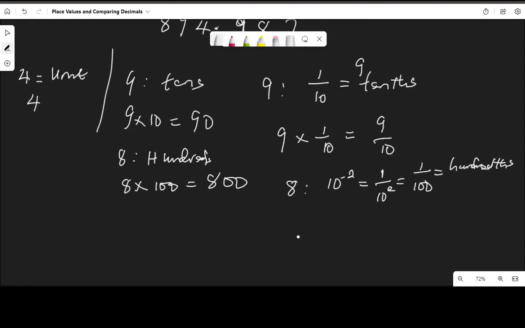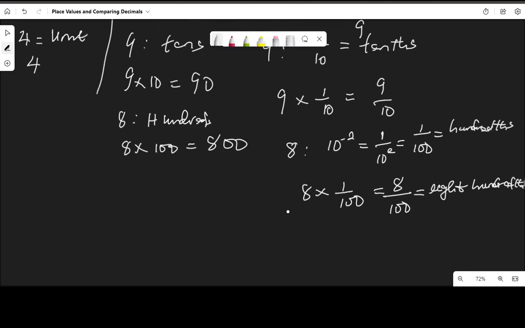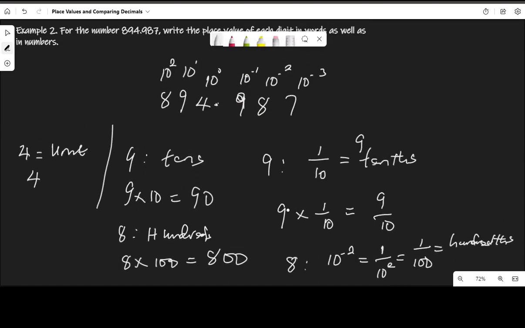In number it will be 8 times 1 over 100, which is 8 over 100. And 8 over 100 is 8 hundredths.